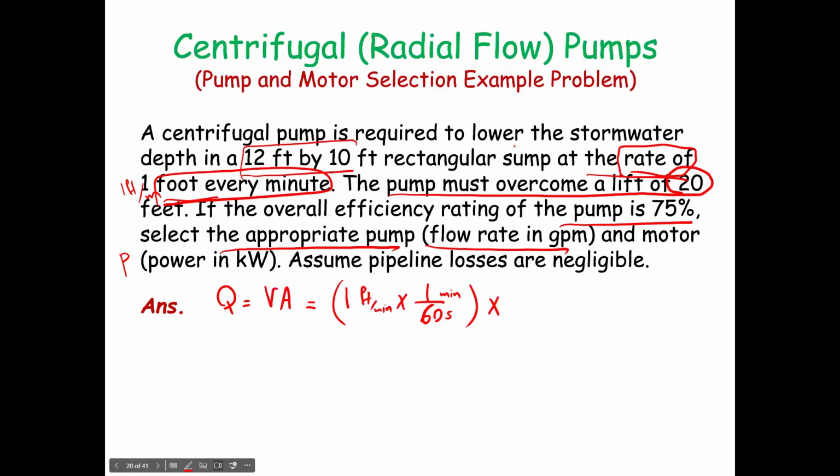Look here, it says that this pump is going to lower the stored water by this rectangle. It means that you have 12 multiplied by 10, which is equal to 2 cubic feet per second.